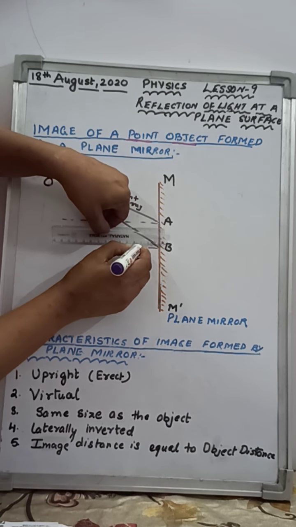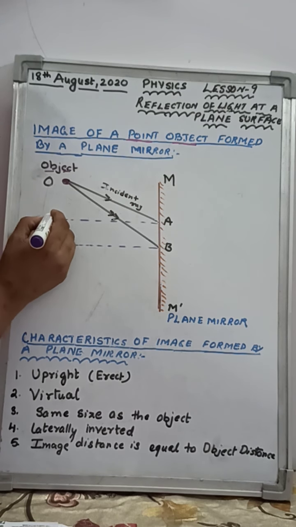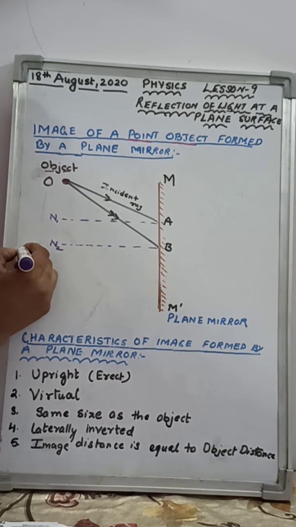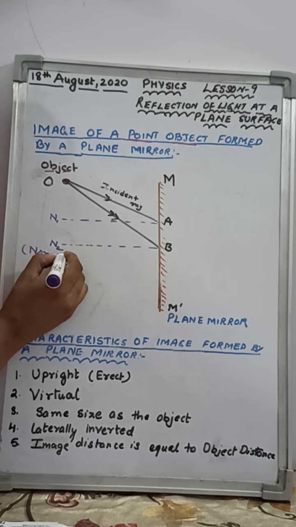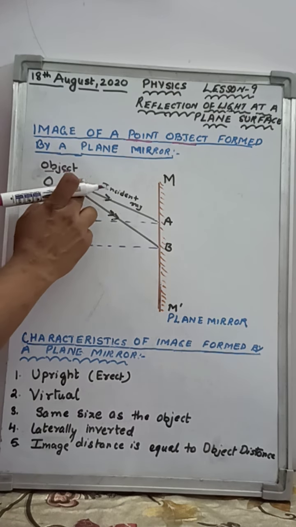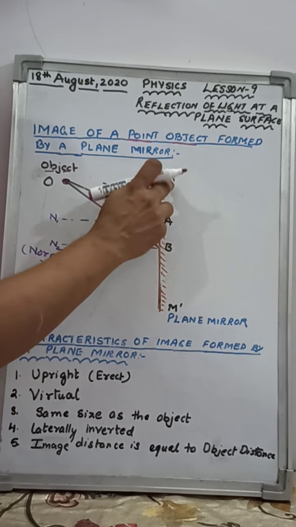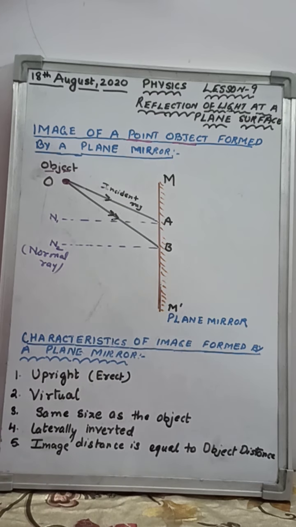Second normal ray again with the dotted line. You will name it as N1, N2. Normal ray.